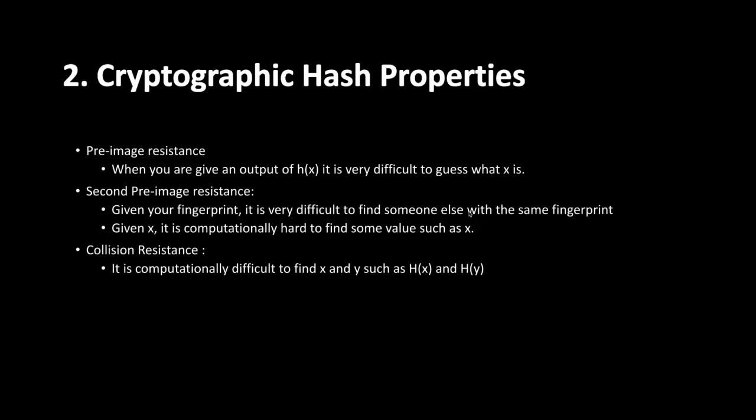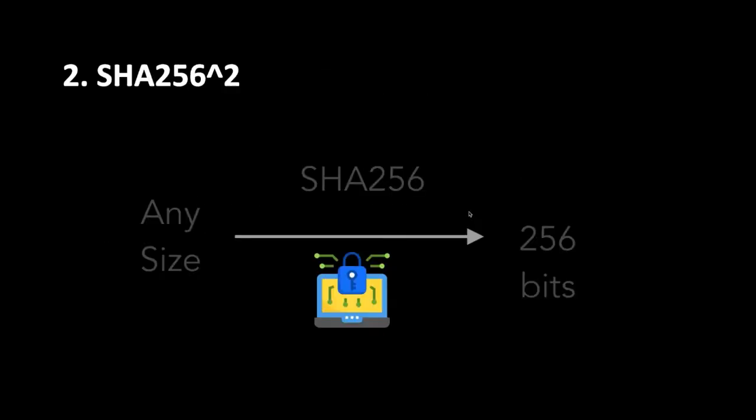Given x, it is computationally hard to find some other value with the same hash. There are no patterns you can use easily to find something. The third is collision resistance. It's computationally difficult to find x and y such that the hash of x and the hash of y are the same. In Bitcoin's case, they use the SHA-256 squared hashing algorithm.